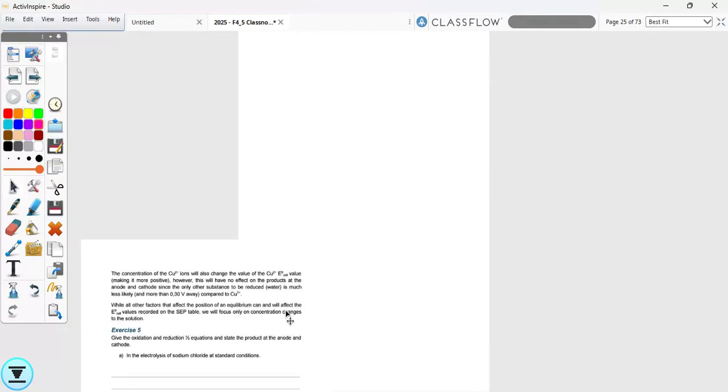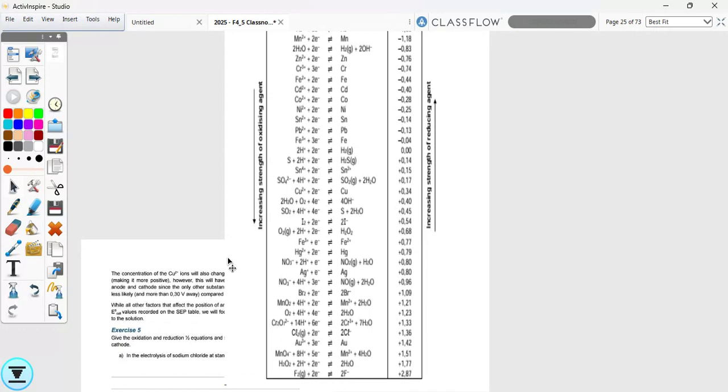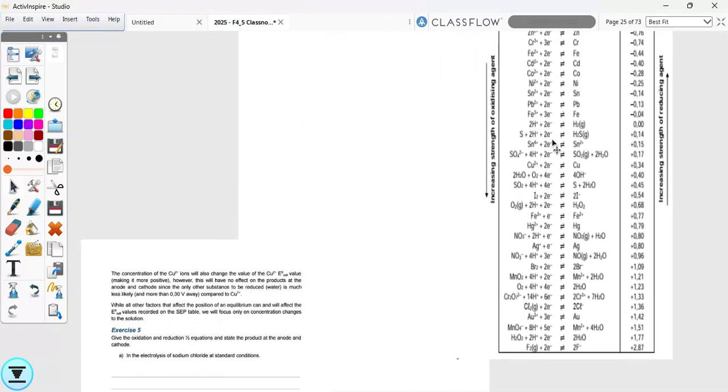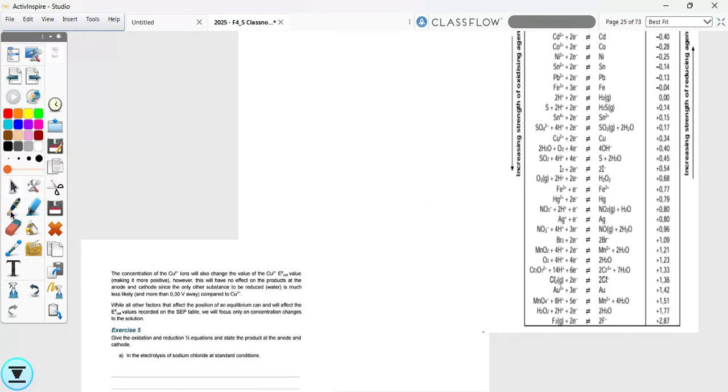If we have copper chloride in aqueous solution, we need to be able to differentiate between standard conditions and not standard conditions. It says give the oxidation half reaction and reduction half reaction at the anode and the cathode for when it is standard conditions. So add the products. So let's look. If it's standard conditions, then remember, we can use the table.